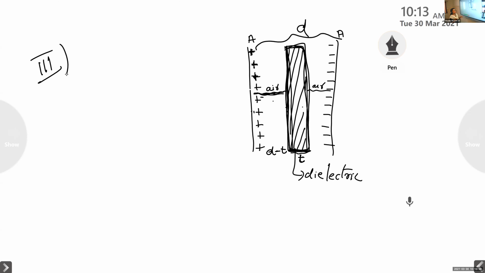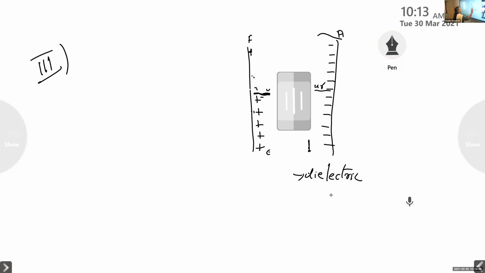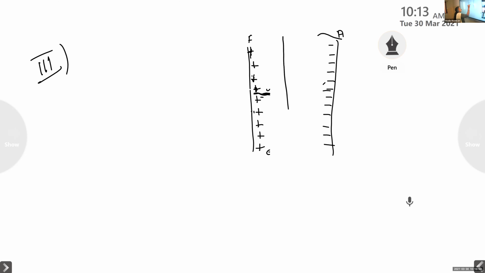In the third case, instead of dielectric, if we are placing a metal as the medium of separation here, this is not dielectric. Here we have a metal.